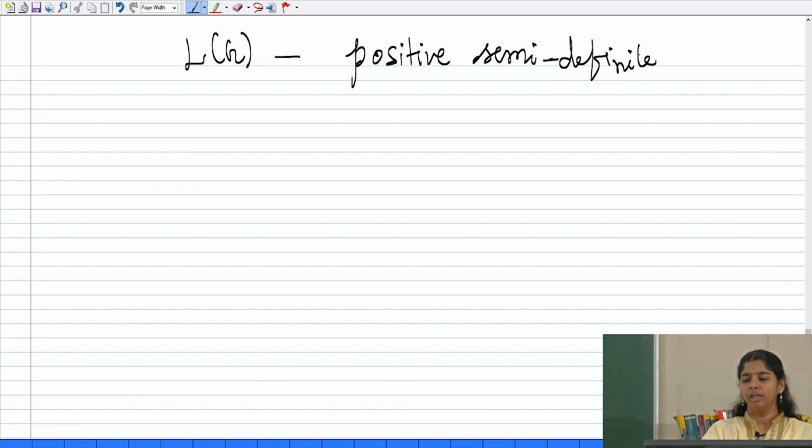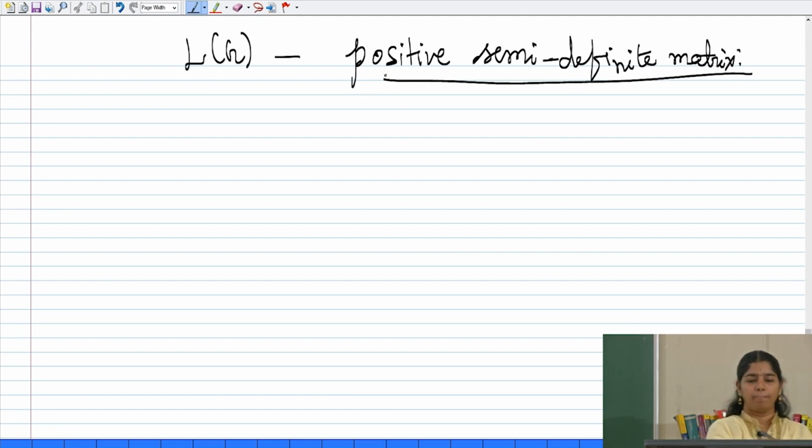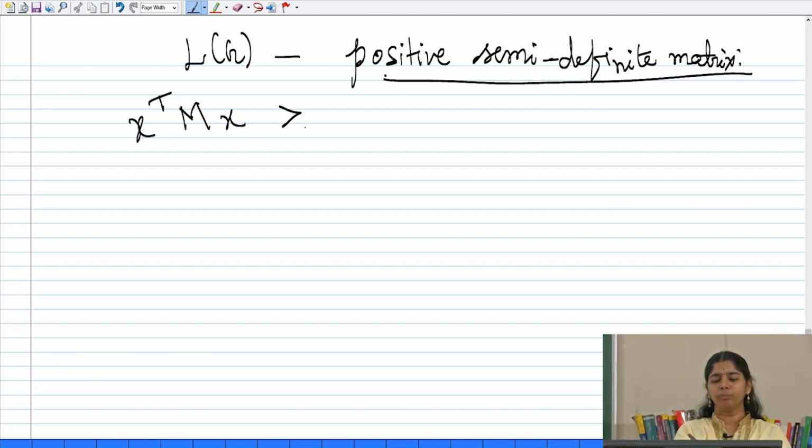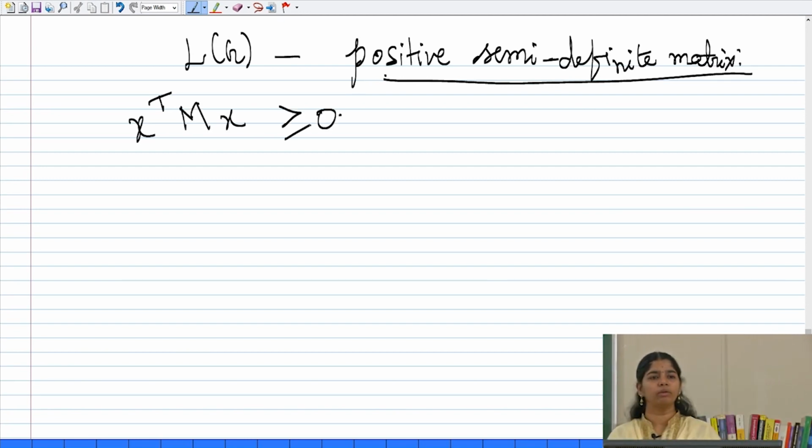Given a matrix M, we say a matrix is positive semi-definite if, I will give the general definition, for any vector x, x transpose M x is greater than or equal to 0, right. Then we say that the matrix is positive semi-definite. So, here L of G also satisfies this property, okay.